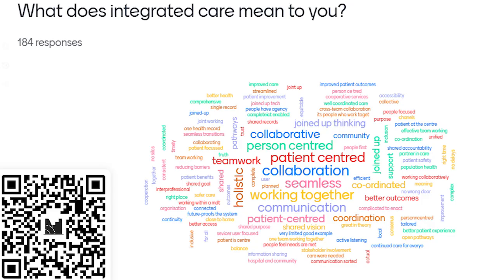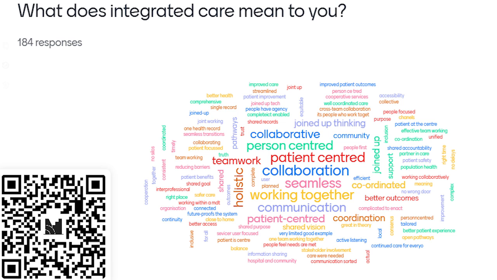Absolutely. Okay, so as you can see, we have some really strong, clear ideas of what integration means to us. I think there's over 165 responses, so thank you to everybody that has put their responses in here. Some key words are really coming out: collaboration, person-centered, seamless care.